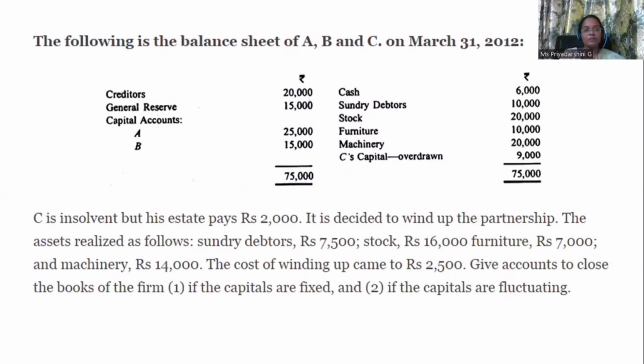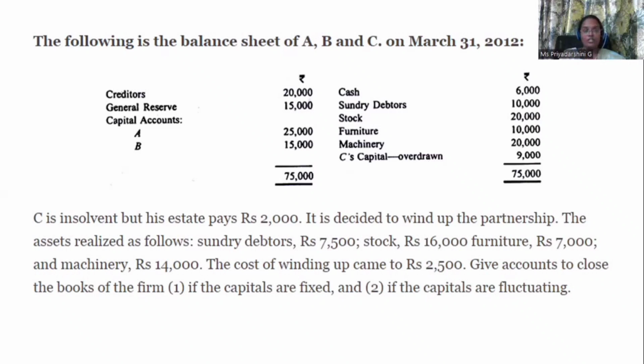The firm has three partners, A, B, and C. The liabilities side lists creditors, general reserves, and capital accounts of A and B. The asset side lists cash, sundry debtors, stock, furniture, machinery, and capital of C overdrawn. So C already has a negative balance in his capital account.